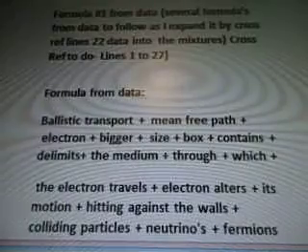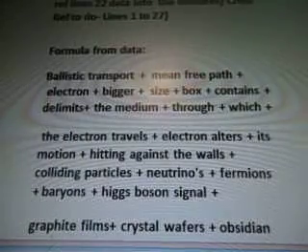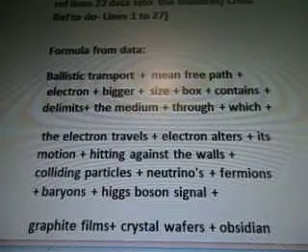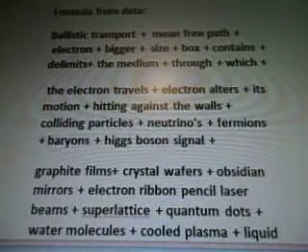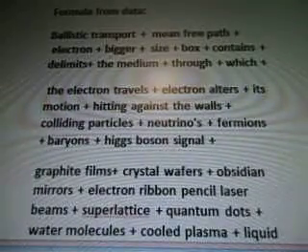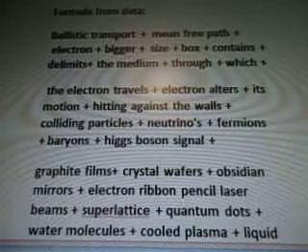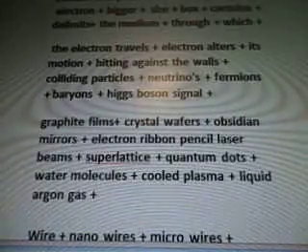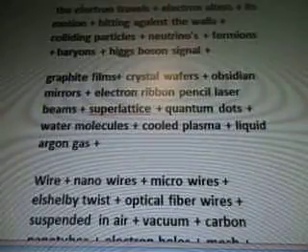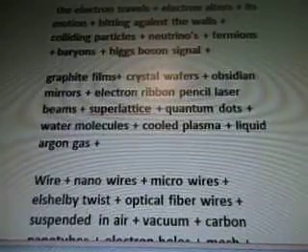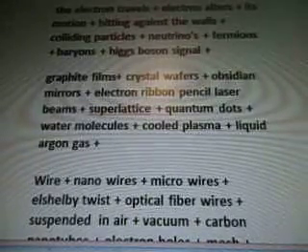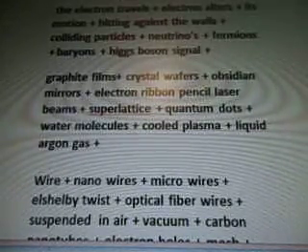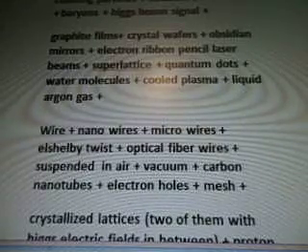Okay, so ballistic transport, mean free path, electrons bigger size, box contains delimits the medium through which the electrons travel. Electrons alters its motion, hitting against the walls, colliding particles, neutrinos, fermions, baryons, Higgs boson signal. Graphite films, crystal wafers, obsidian mirrors, electron ribbon, pencil, laser beams, superlattice, quantum dots, water molecules, cooled plasma, liquid argon gas.